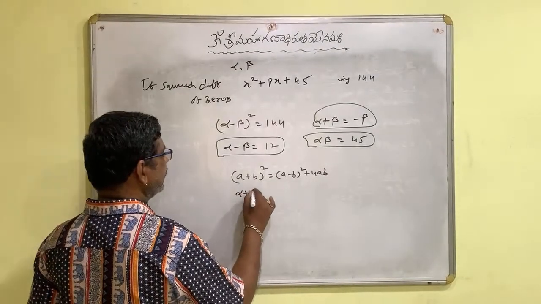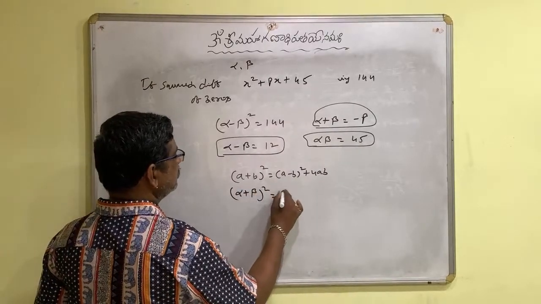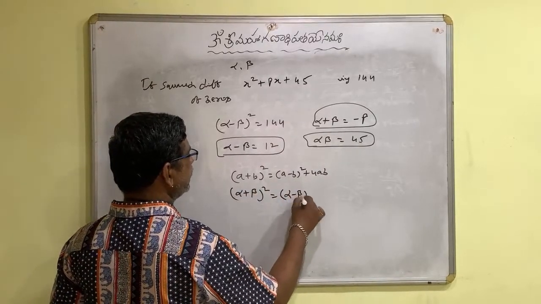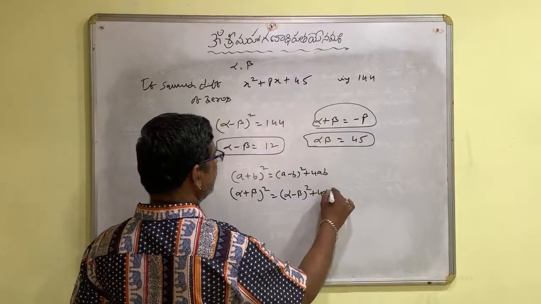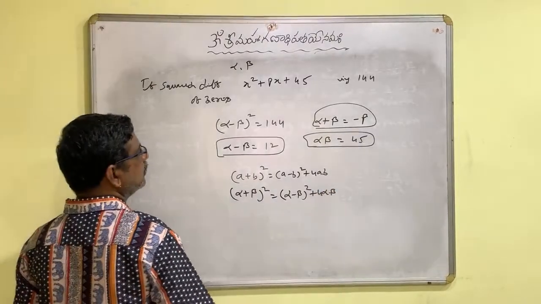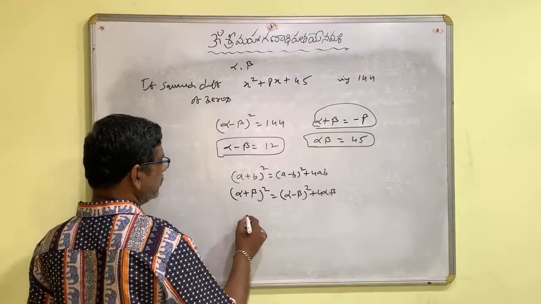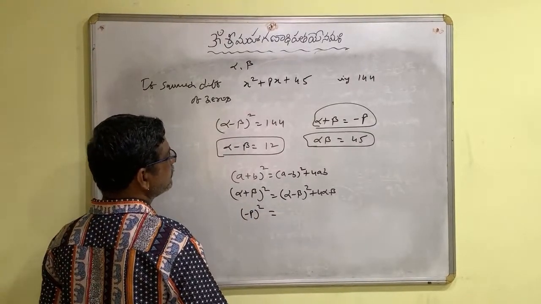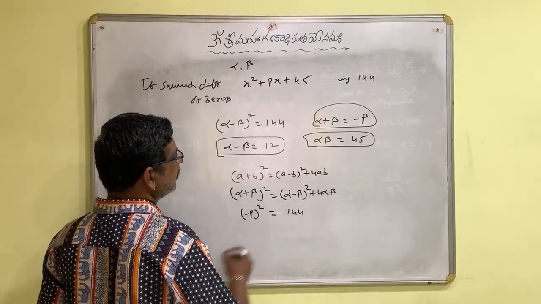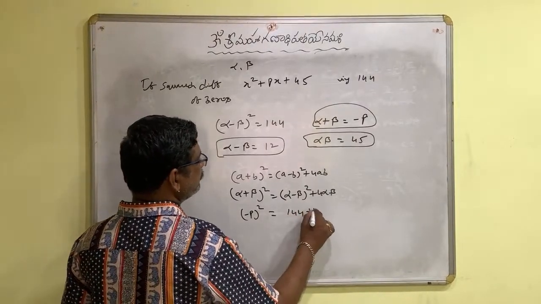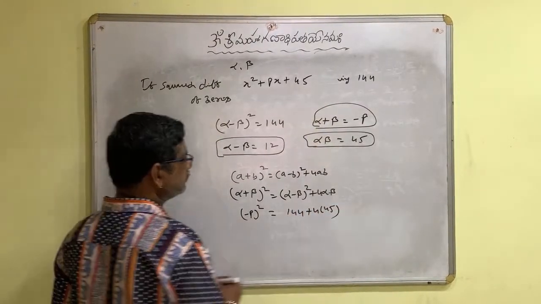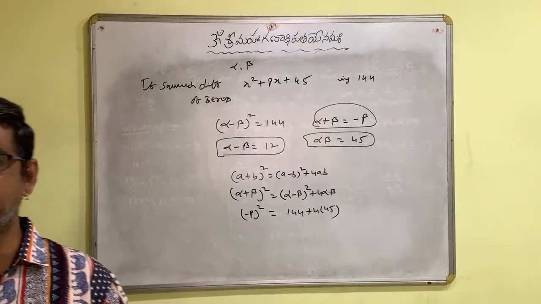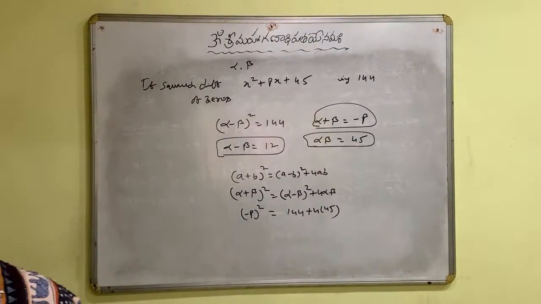Alpha plus beta whole square is equal to alpha minus beta whole square plus 4 alpha beta. So minus p whole square is 144 plus 4 into 45.